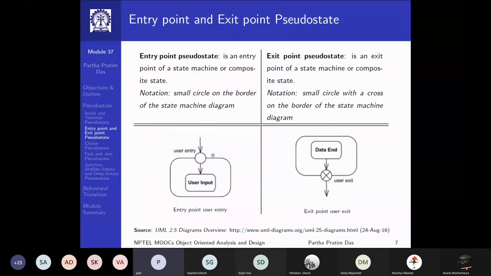You can have a pseudo state which is an entry point. You say, okay, this is a state and it has a substate, and this is the entry point of that. This is the exit point of the state. So these are all pseudo states. These are depicted as states, but they have a predefined behavioral interpretation of you are starting up, you are ending, you are entering, you are exiting.